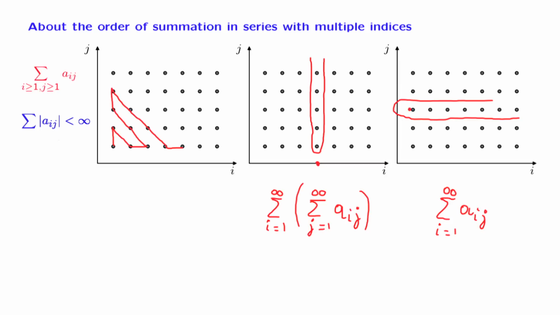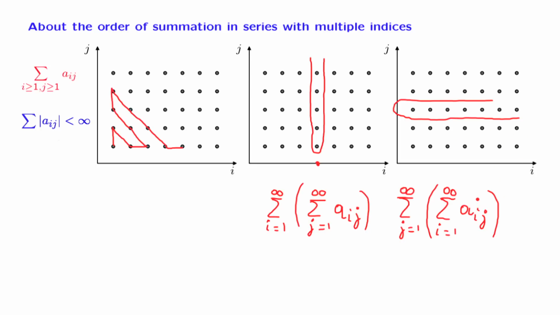This is the infinite sum of those terms. We obtain one such infinite sum for every choice of j, and then we take that sum that we obtain for any particular choice of j and add over the different possible values of j. So j goes from 1 to infinity.